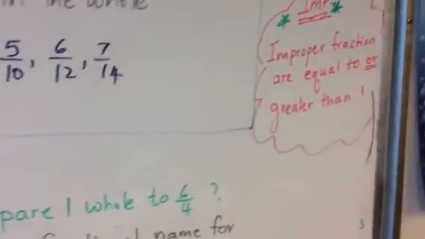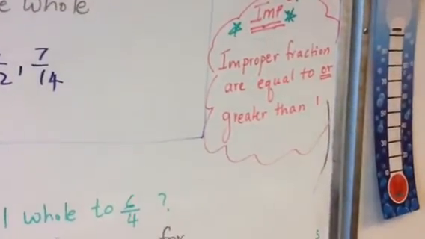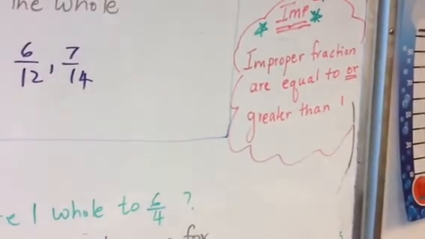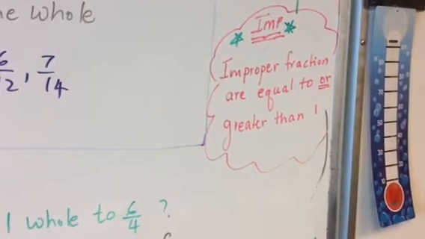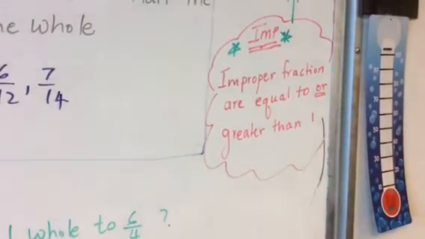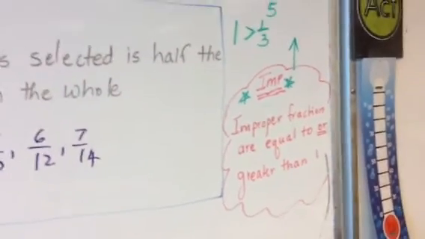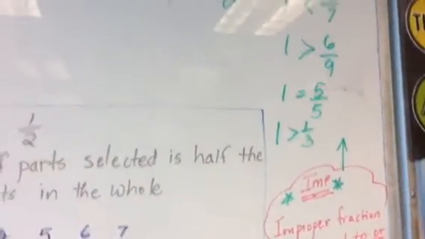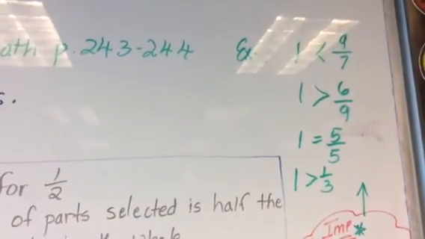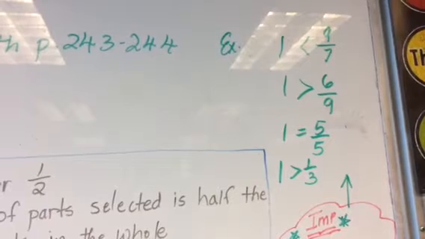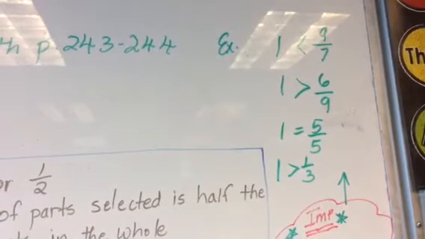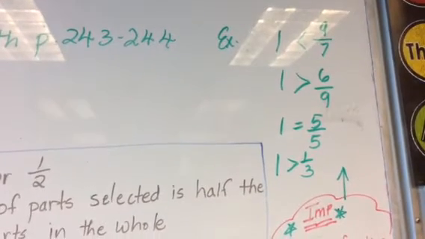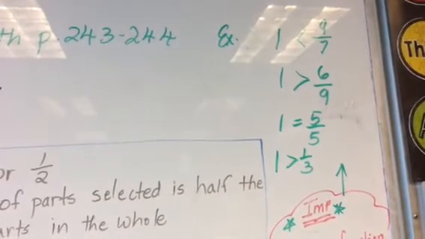Let's look at the improper fractions. Improper fractions are equal to or greater than 1. So 1 is smaller than 9/7. 1 is bigger than 6/9.